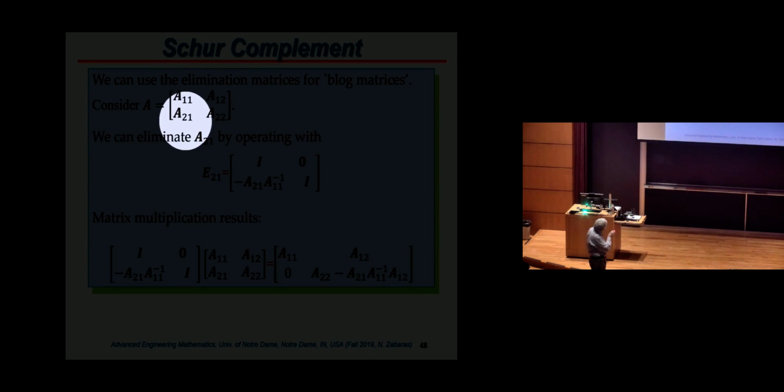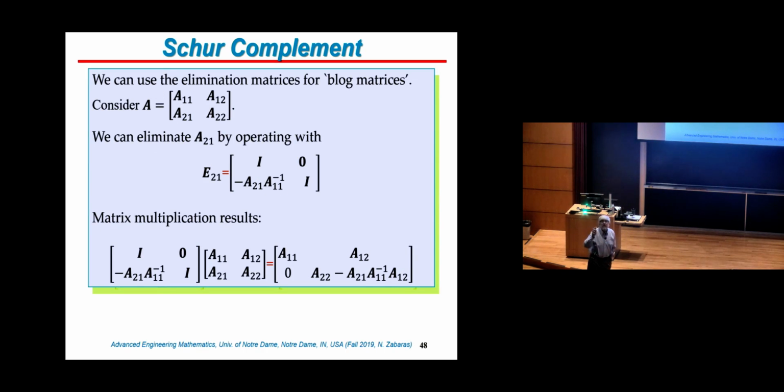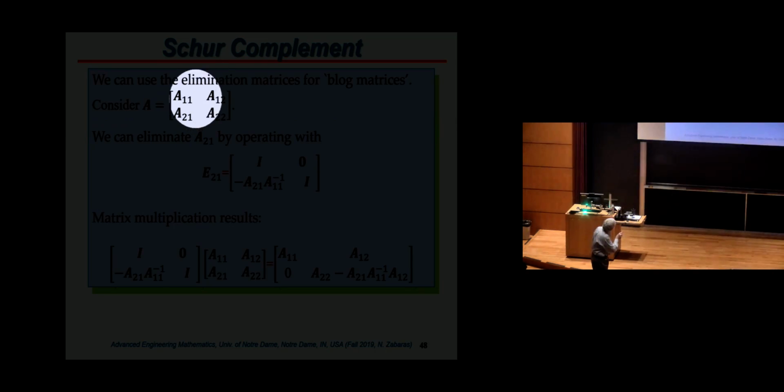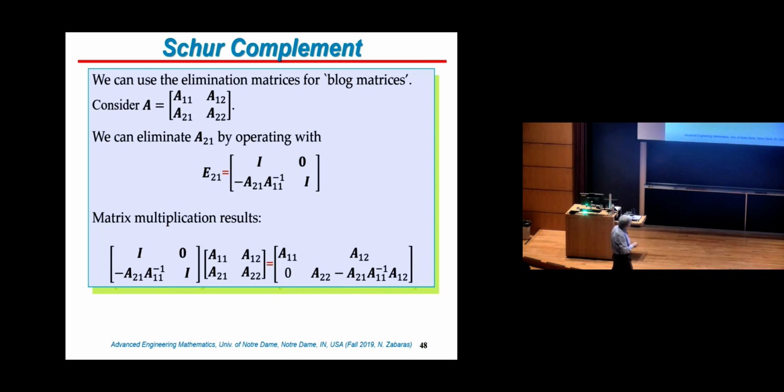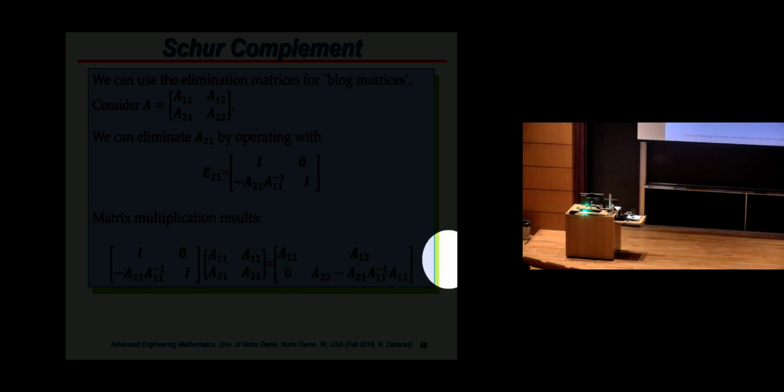So for example, the elimination matrix will have to get rid of this matrix A21. And how do you get rid of it? You actually have to find the pivot. And what's the pivot? A21 times A11 inverse. Because I'm going to subtract that times the first row, you're going to have to put a minus sign. And you can check that this matrix times that is equal to this. This formula has lots of applications in numerical simulations and calculations, and it goes under the name of the Schur Complement.